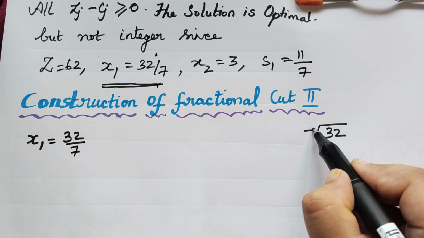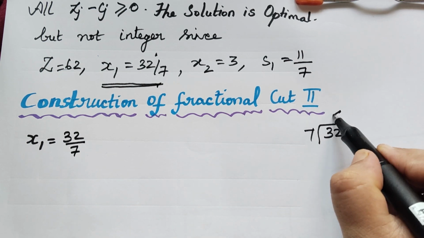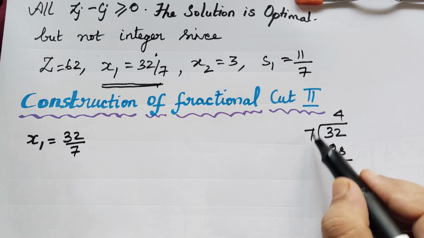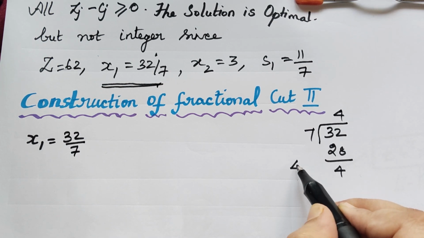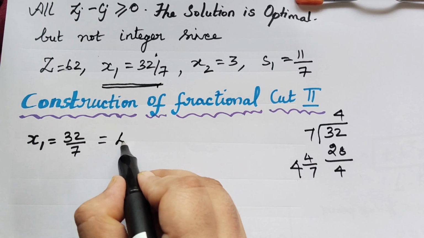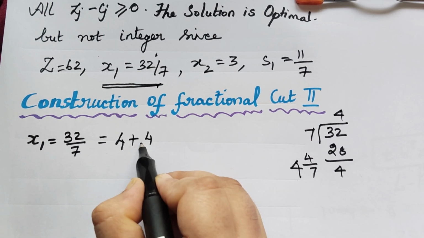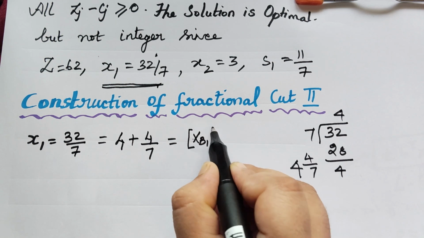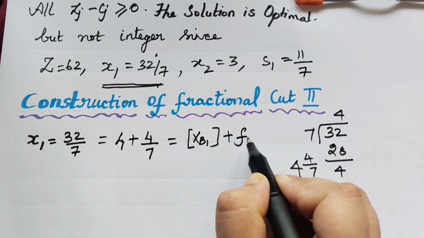So when we divide 4 times, we get 28 and the remainder is 4. And so it can be written as a mixed fraction, which is 4 quotient 4 by 7. So it can also be written as 4 plus 4 by 7, which is equal to the integral part xb1 plus the fractional part f1. So f1 is 4 by 7.